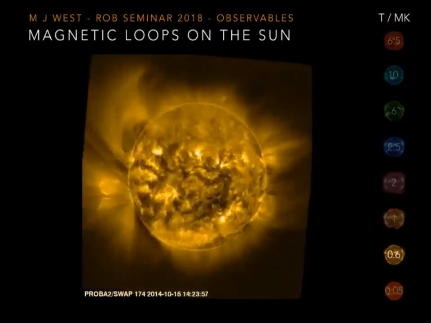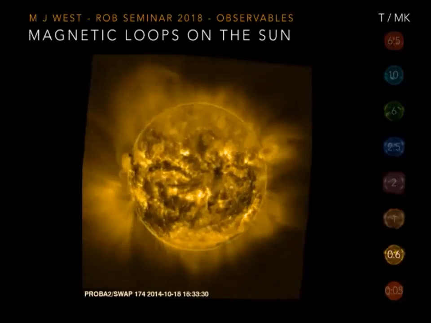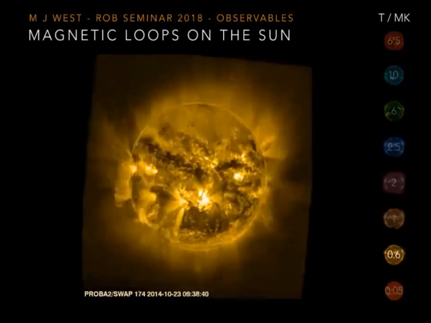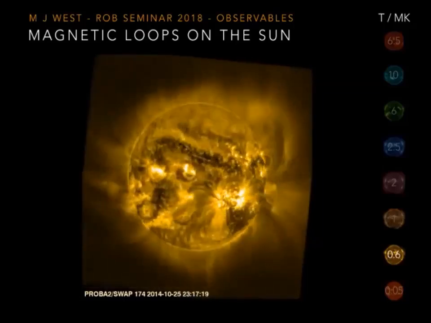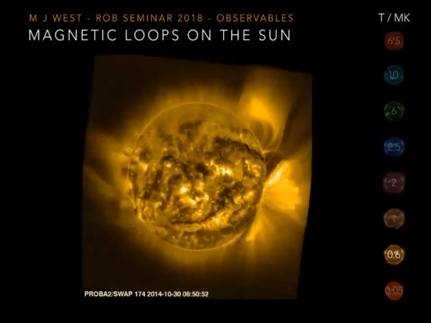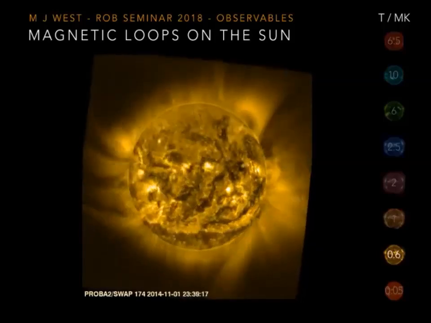First of all, we have these dark regions at the poles and some other ones here. These indicate the coronal hole regions. These are called open field regions where the magnetic field reconnects a long way from the sun, effectively at infinity.